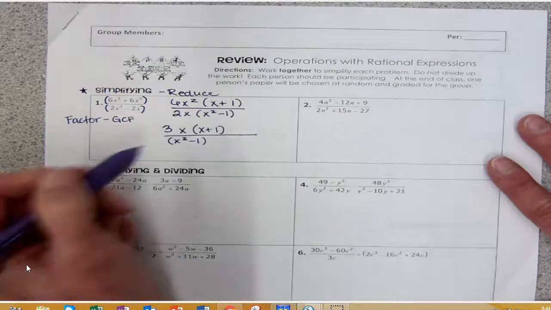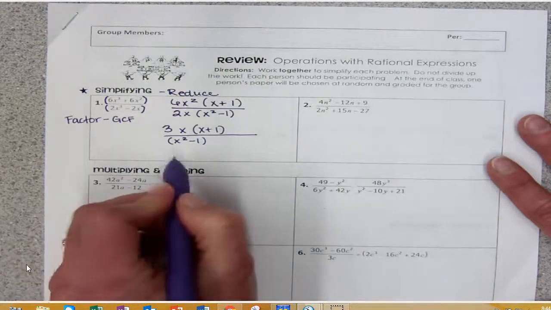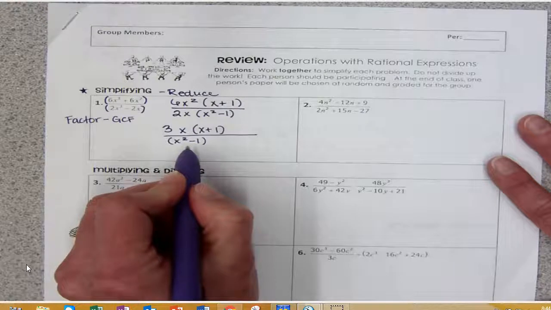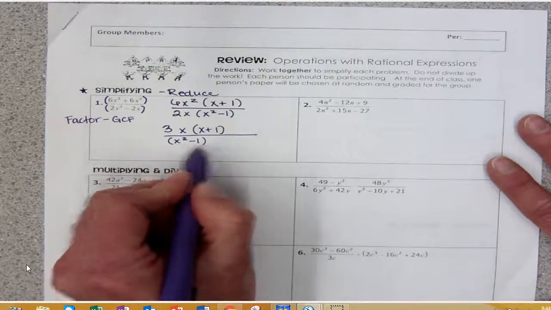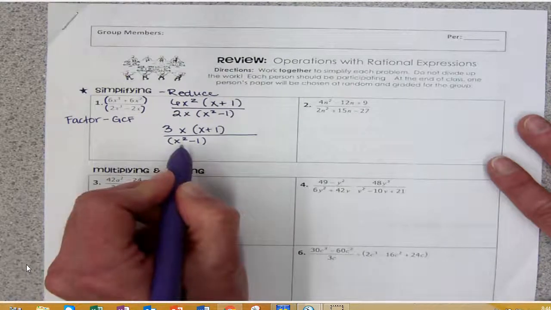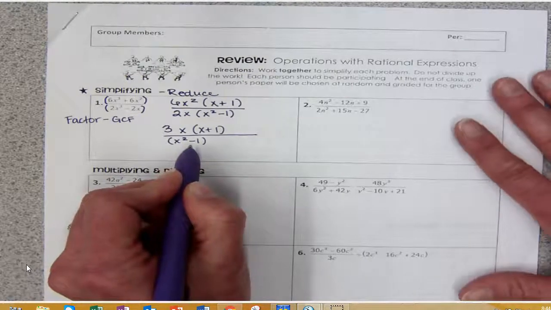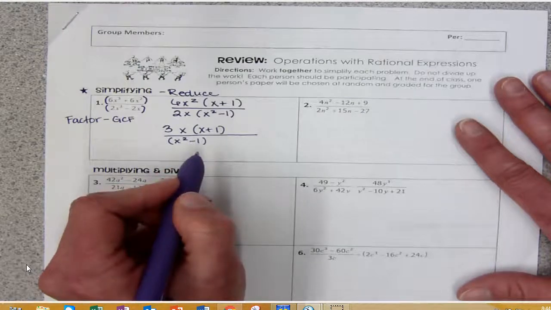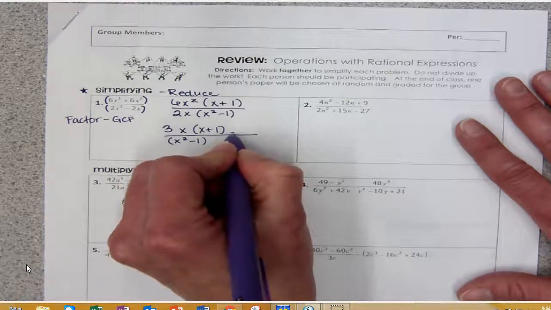Now, this is not your final answer because this x squared minus 1 is the difference of two perfect squares. x squared is a perfect square and 1 is a perfect square, and you have a minus sign in the middle, so you're subtracting, which is the difference.